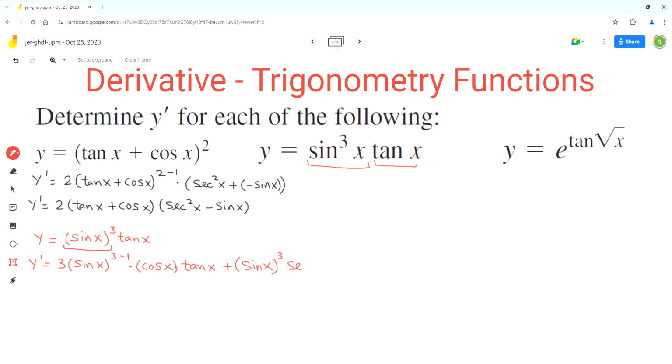Now we can simplify this expression. In the exponent, 3 minus 1 is 2. We can simplify by breaking down tan into sine over cos.